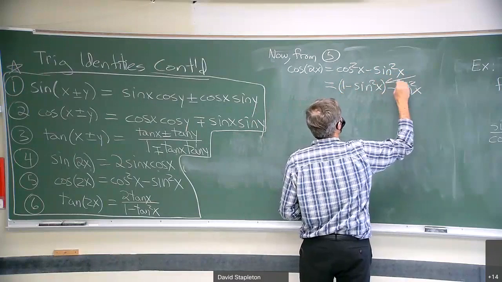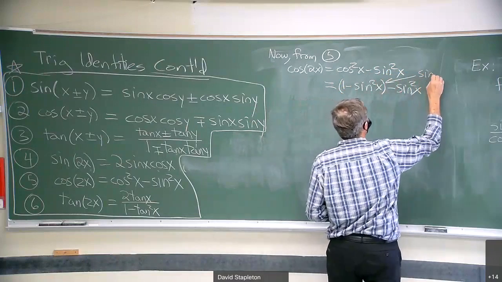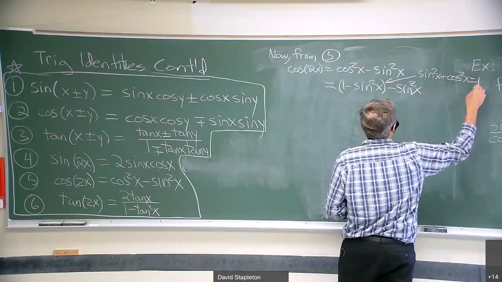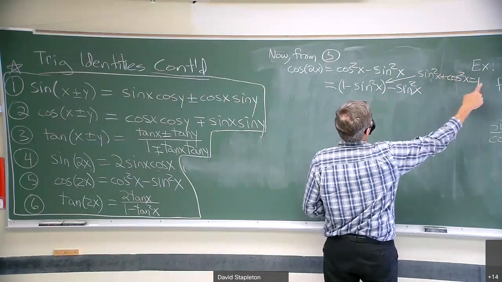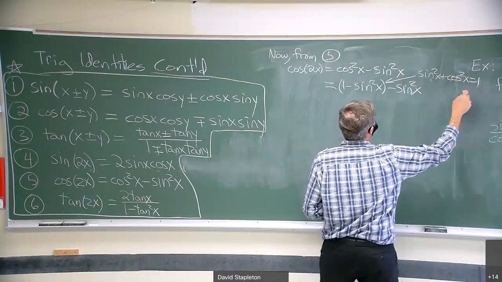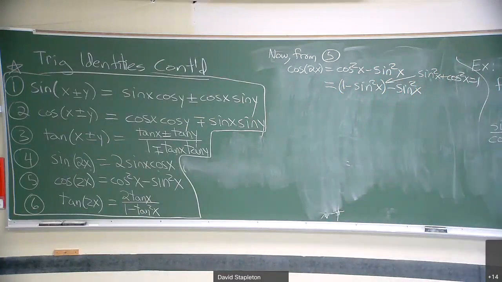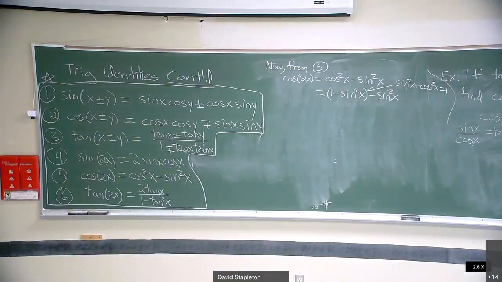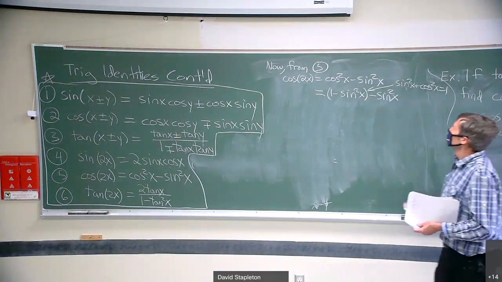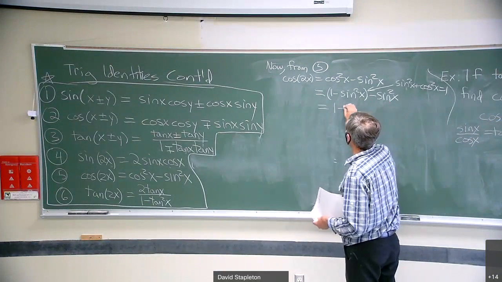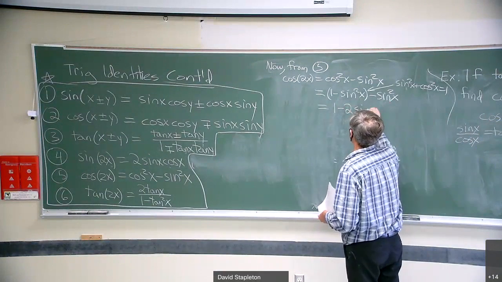If you subtract the sine squared, you get cosine squared is 1 minus sine squared. So this cosine 2x is actually equal to 1 minus 2 sine squared x.